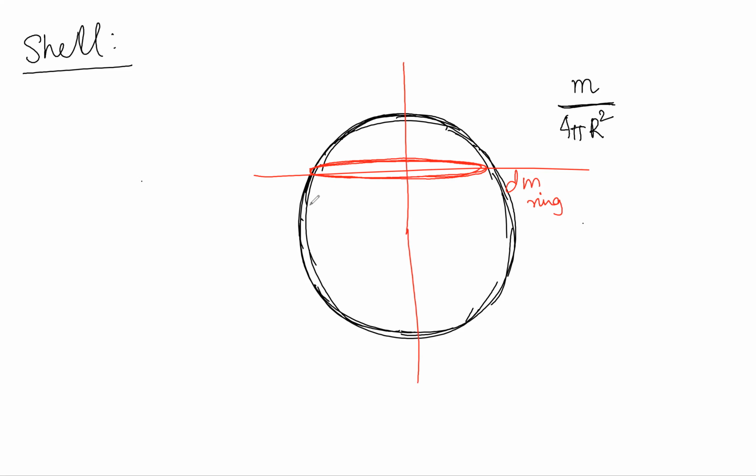So depending on where I cut it, if I cut it over here, I'll get a very small ring. If I cut it at the tip, I will get a dot. If I cut it at the center, I'll get a very big ring. So depending on where I cut it, I will get rings of different shapes and sizes. So all of these rings have different radii, but one thing is common. This distance for all the rings is R, because that's the radius of the shell.